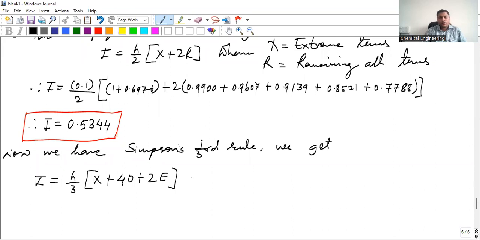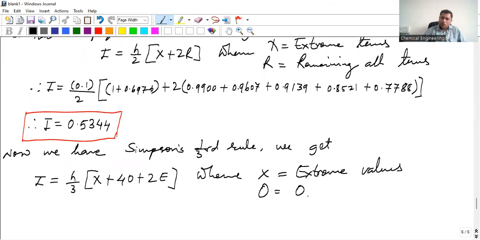Where X means extreme values, O means odd terms, and E means even terms.